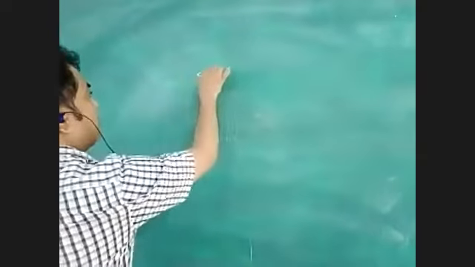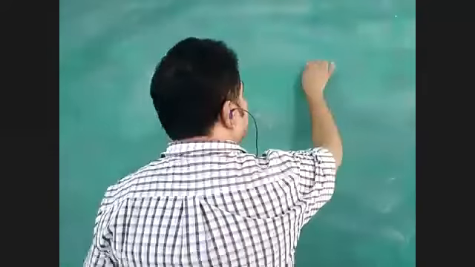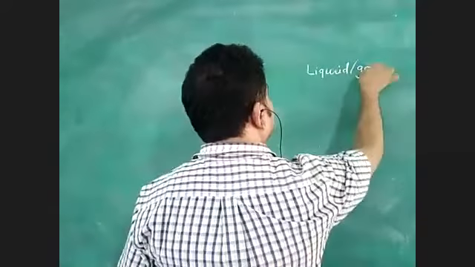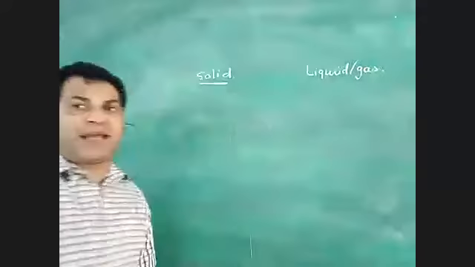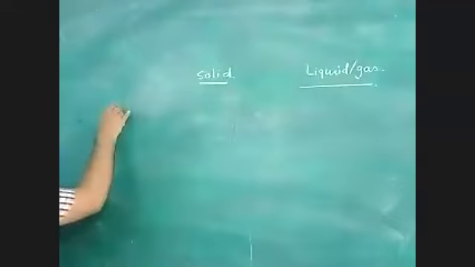Okay. Now, after understanding this, the most important thing we can derive is from yesterday's discussion, where one side was solid, and on another side I will take liquid and gas. You may wonder, sir, why is one side solid only and the other side liquid and gas. So here we are going to talk about the attraction force.